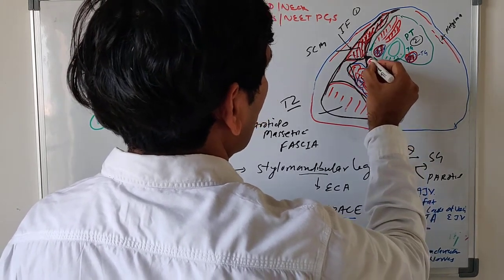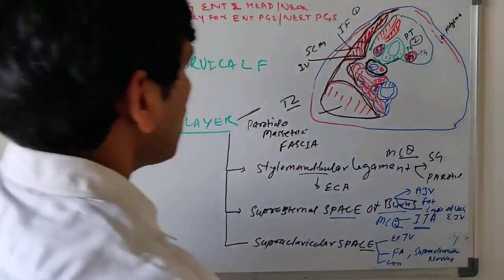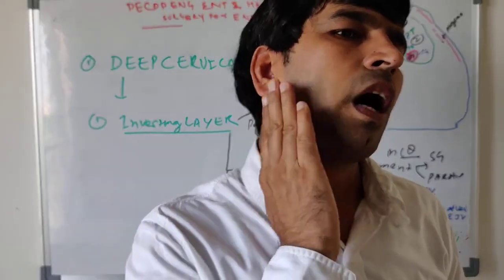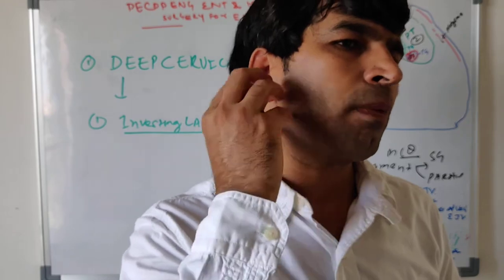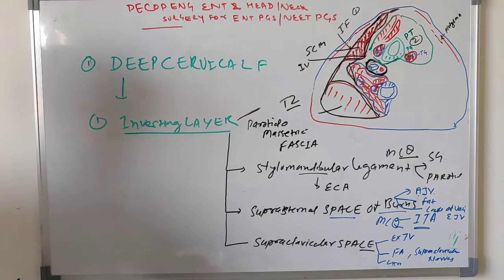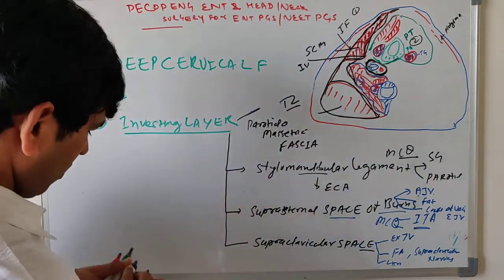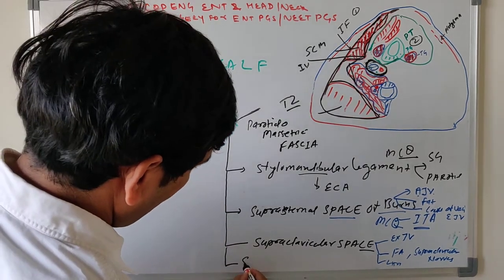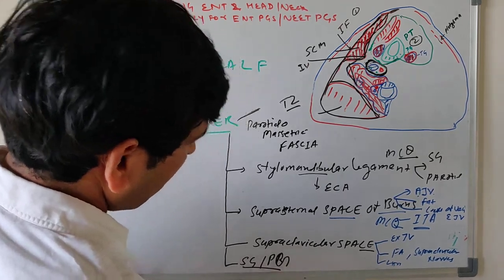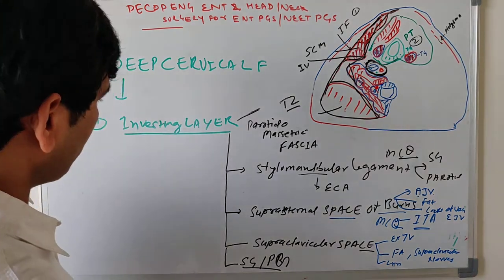The carotid sheath is formed by the investing layer of deep cervical fascia, and it also extends up and divides into two parts, covering the submandibular and parotid glands. You can write about its covering of the submandibular gland and parotid gland. This is all about the investing layer of deep cervical fascia.